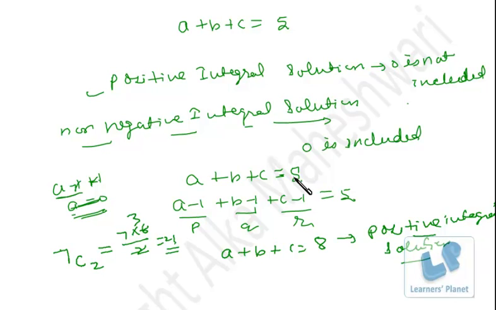So it's really a bit difficult to understand, but I'll give you the formula also for both the cases. Friends, generally I do not recommend the usage of formulas, but some students get confused with this concept. So just write down the formula also. Suppose we are having a plus b plus c equal to n, right?